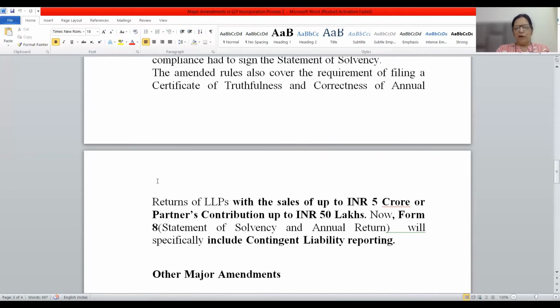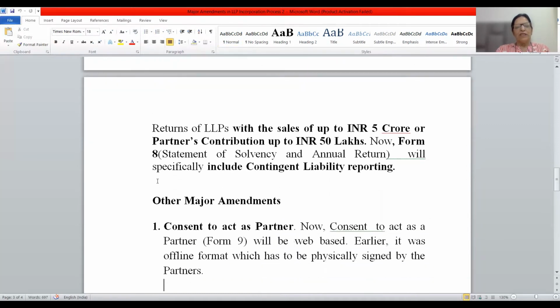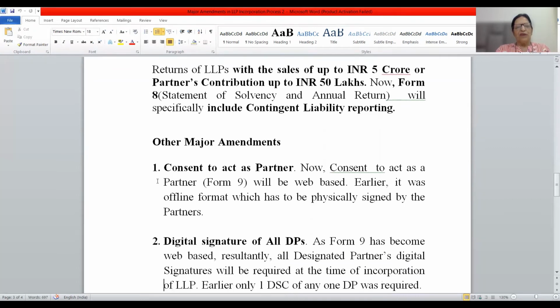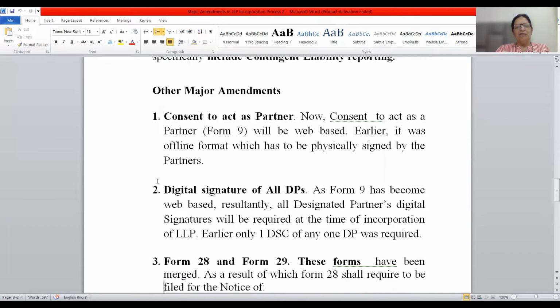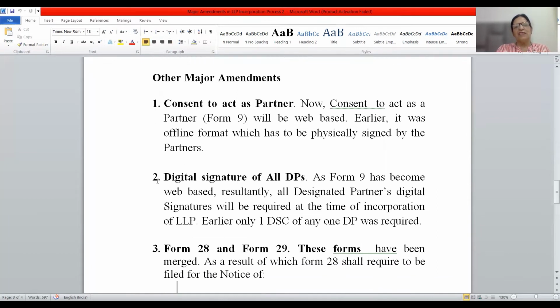So I have talked about the amendments which have taken place in the incorporation process. And now friends, I'll be talking about the other major amendments. First one is consent to act as a partner. Consent to act as a partner in form number 9 will be web-based.